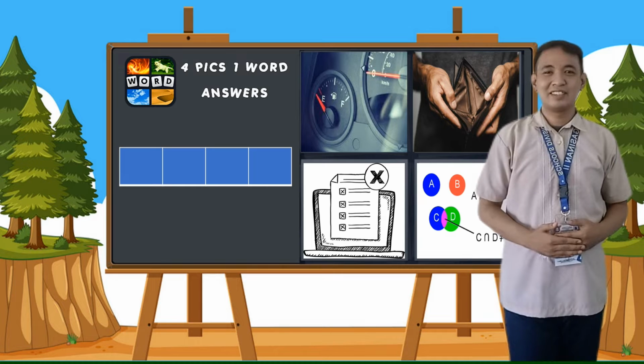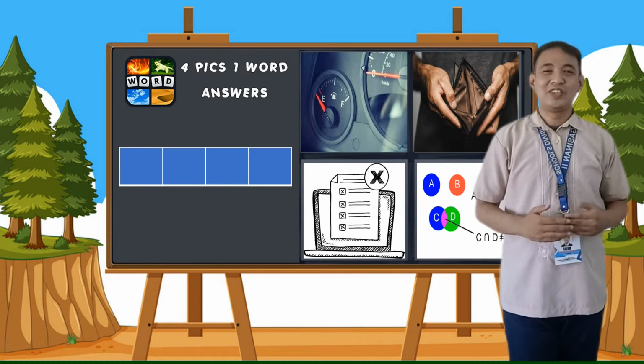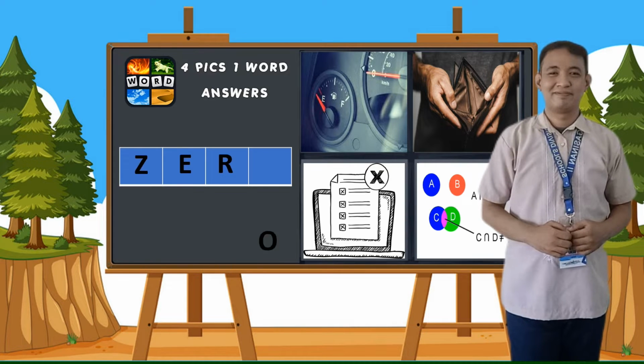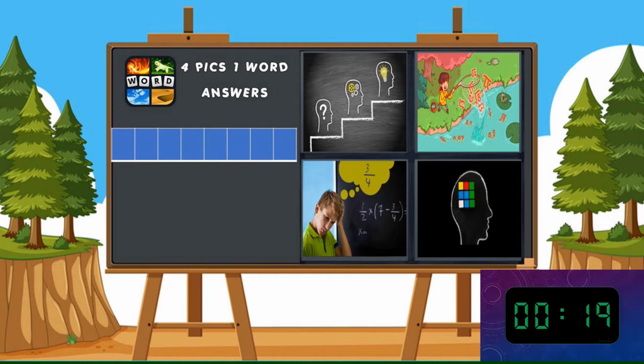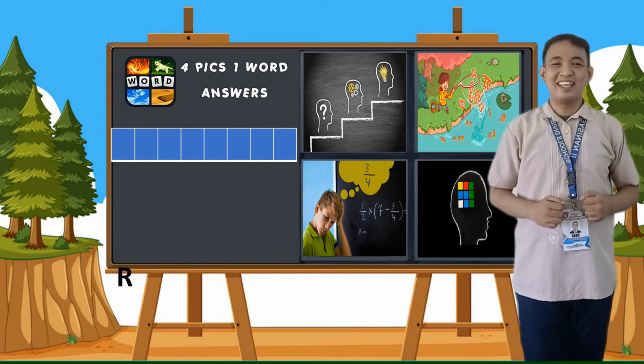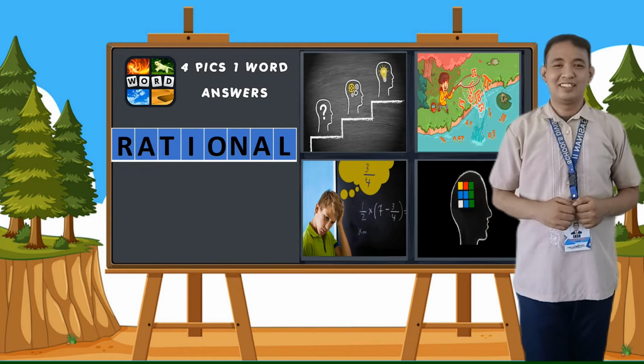Your answer is very good. The word described by the picture is 0. What is your answer? Exactly! It is rational.